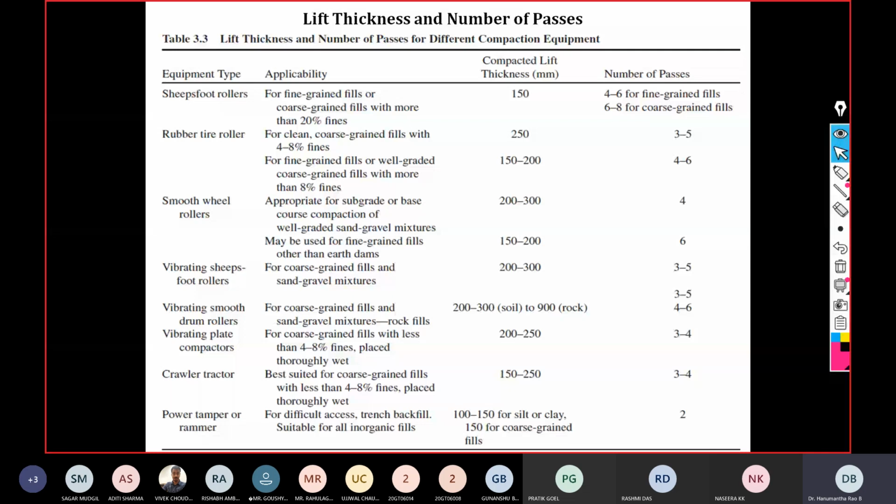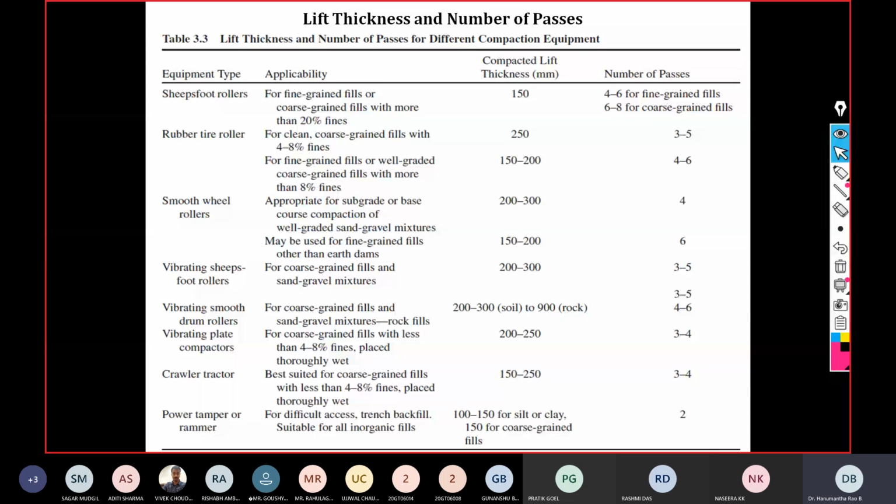If the fines content is too much, maybe exceeding 10 to 20%, it predominantly influences the overall performance of a ground improvement.